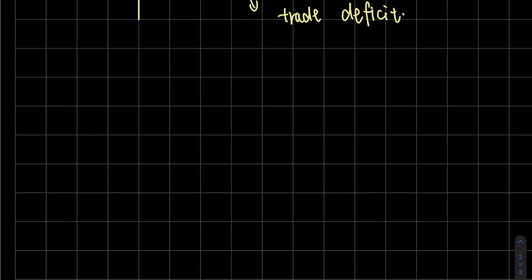Then let's talk about a measure of the economy's globalization: the exports of goods and services as a percentage of GDP. The dollar value of exports divided by the dollar value of the country's GDP.